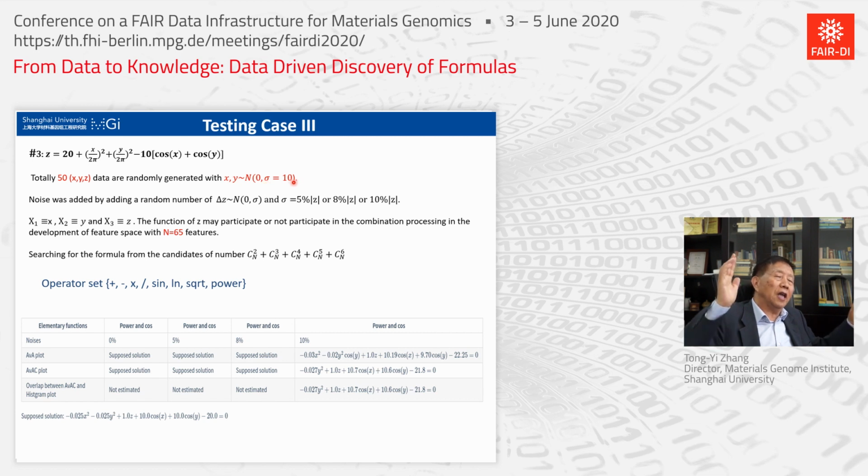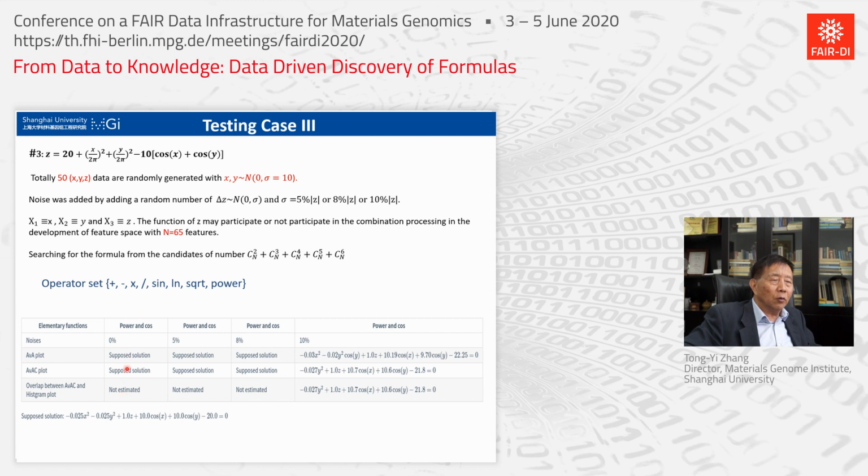That means we generate x and y from -10 to +10. Now in our feature space we have a total of 65 features. Without the noise, we can find this equation right away.